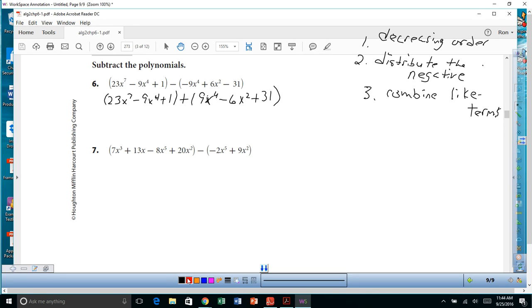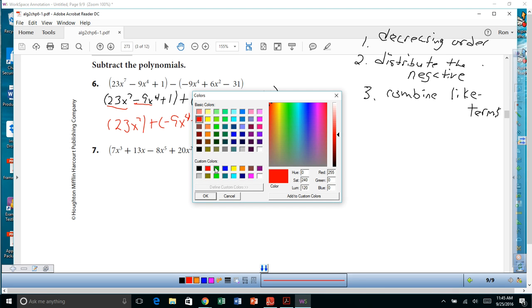Okay, so let's take a look. What do we got? We got 23x to the 7th by itself. All right, good. And then you got minus 9x to the 4th, and then plus 9x to the 4th. I don't have much of a tail there, does it? This orange kind of looks a lot like that red, doesn't it? Maybe I need to put a different color on there. Let's change that. We'll do that green.